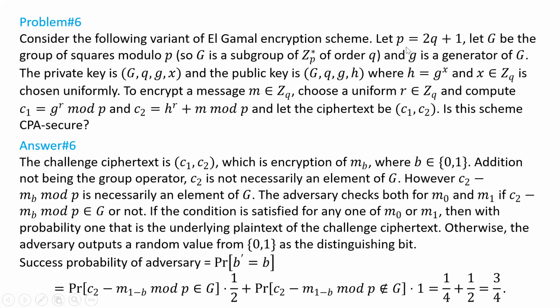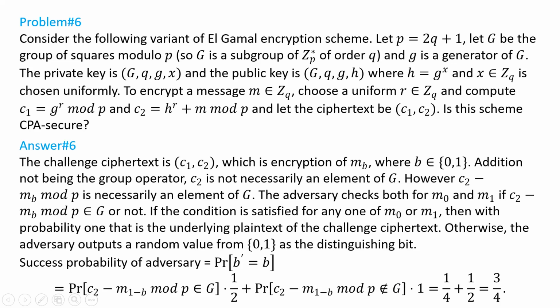Half of them will belong to G, which is of cardinality Q, and half of them will not be in G. So the probability that a random element of ZP star belongs to G is half, and the probability that it does not belong to G is also half.